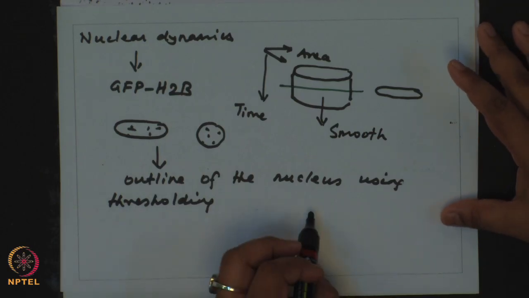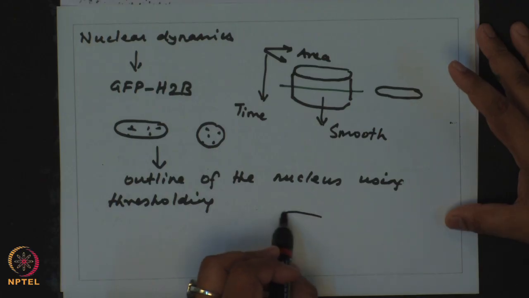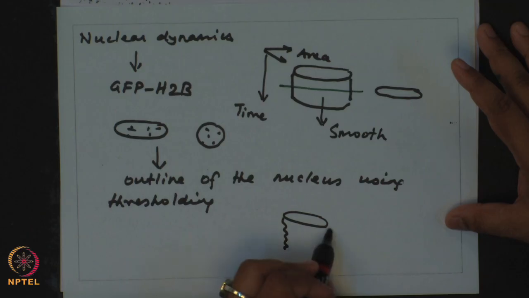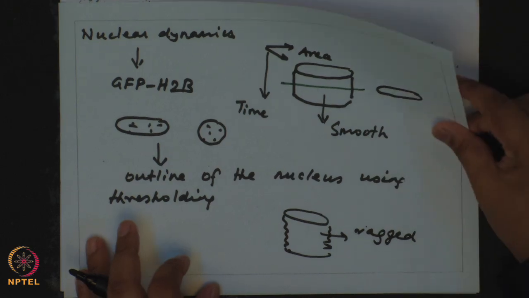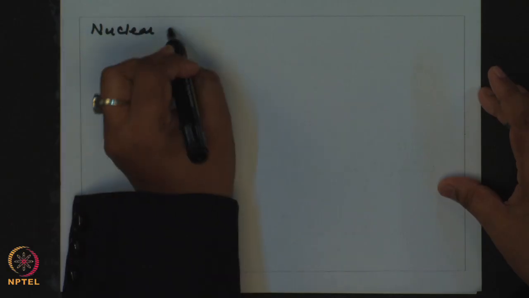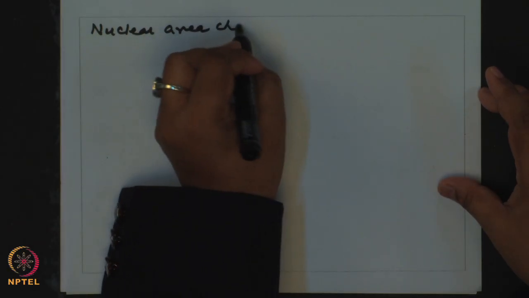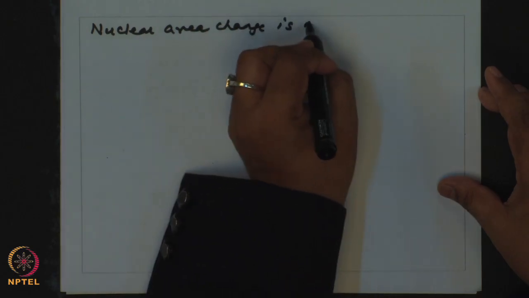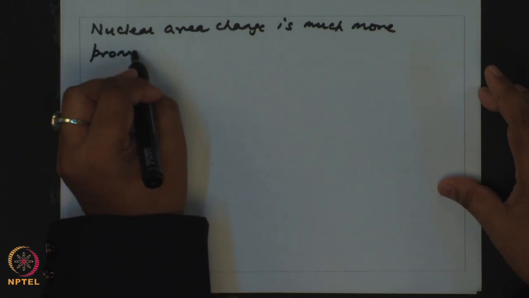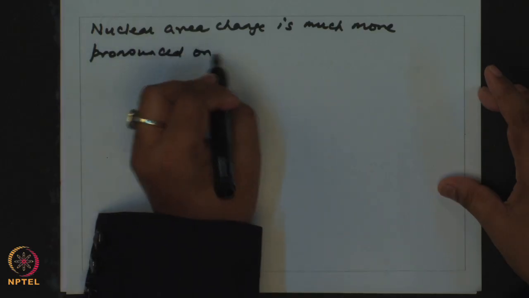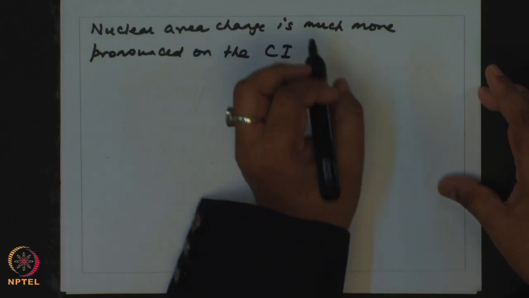In contrast, on the circular islands, the nucleus, if I were to draw the surface, if you do the chymograph, you get a surface which is much more ragged, suggesting that nuclear area change is much more pronounced on the constrained isotropic islands.